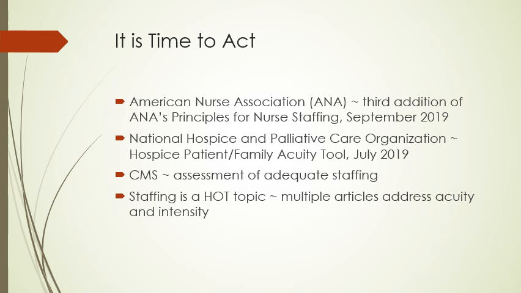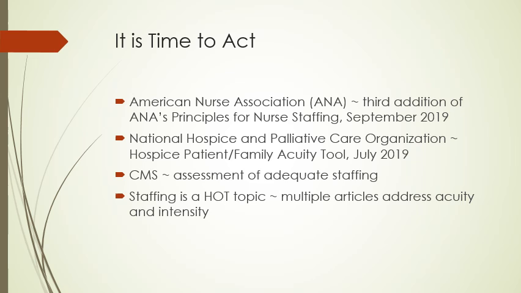For example, the American Nurses Association published its third edition of Principles for Nurse Staffing this past fall, September of 2019. The National Hospice and Palliative Care Organization introduced an acuity tool called the Hospice Patient Family Acuity Tool this past July 2019.